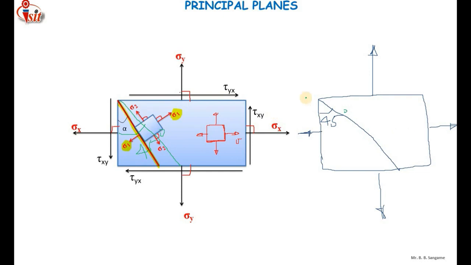If you incline this particular line at an angle of 45 degrees, the position of the element will be like this.